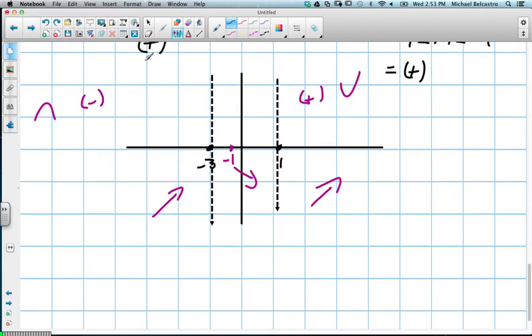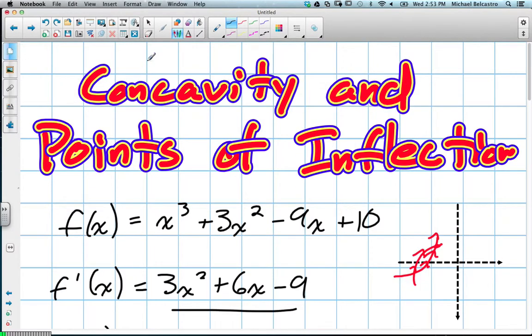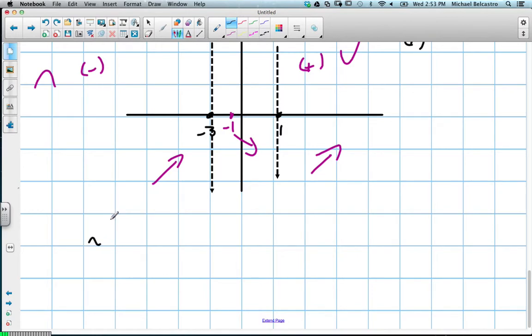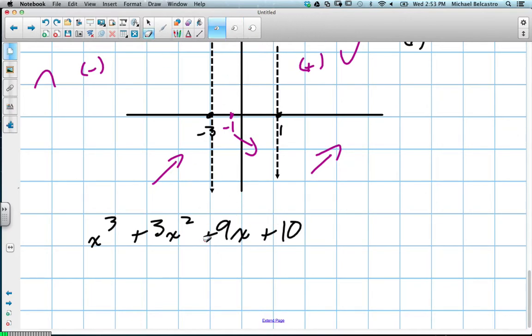So let's take those values. x cubed plus 3x squared, I think it's minus 9x. Yes, it definitely is. We're going to plug in negative 3 and 1 to find out what the actual coordinates are at these points. It'll help us when going to graph this.